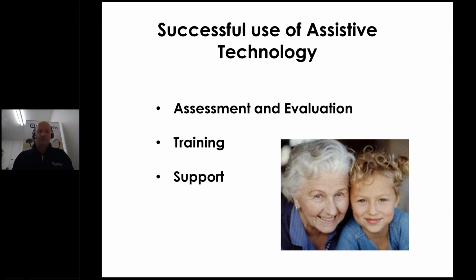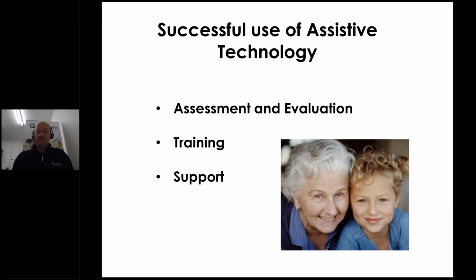Probably the most common question I get is, I just want one thing that does everything, and really that's not possible. There's normally not just one thing which will cover every single task that the person wants to do. So it's very important that things are assessed properly and we work out exactly what we want to do.